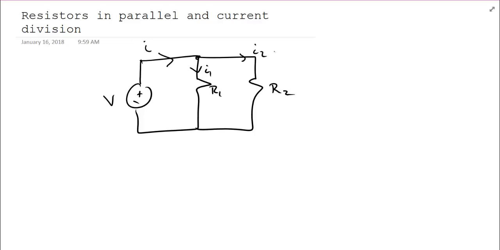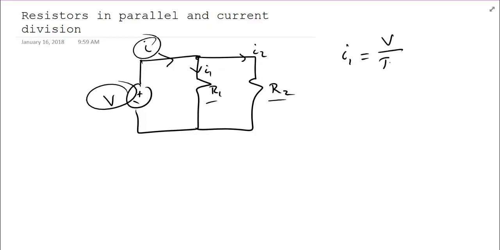Now, one of the key parts of looking at a resistor network in parallel is that they share a voltage, which means that the voltage across R1 and across R2 is both equal to V. That means that right now we can't necessarily solve for I, but we can solve for I1 and I2.